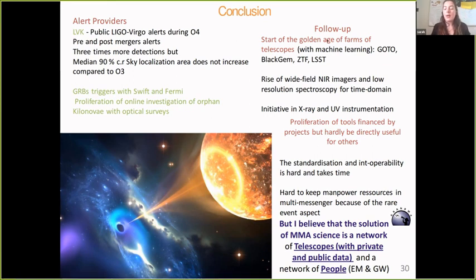For the follow-up, now we have a proliferation of telescopes and maybe the rise of near-infrared wide fields of view. The standardization and interoperability of tools is very hard. That's why we need to work in advance, prior to observation, and not try to sell it to someone else, because it's very difficult and it's not universal.